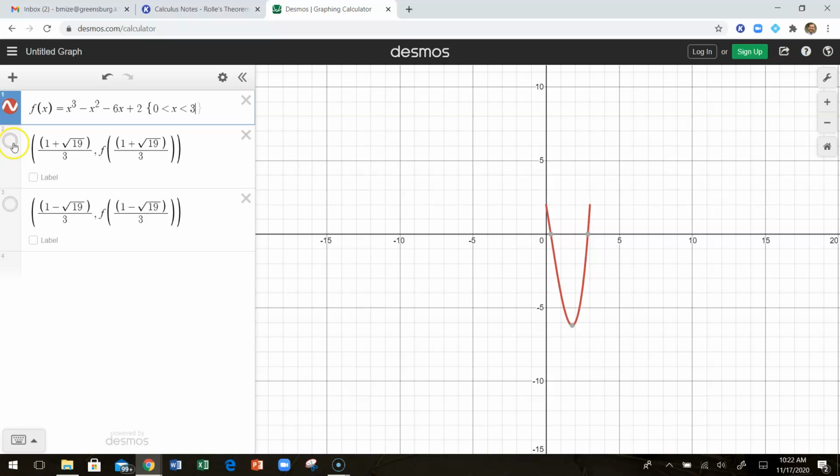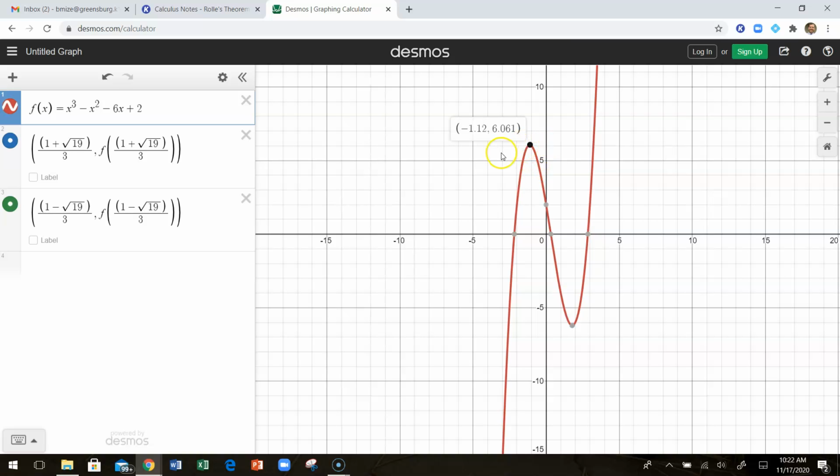Now, we had 1 plus the square root of 19 over 3, which we see happens down here. And then we also have 1 minus the square root of 19 over 3. Now, if I delete this, you can actually see it better here. This second point happens here at the top.